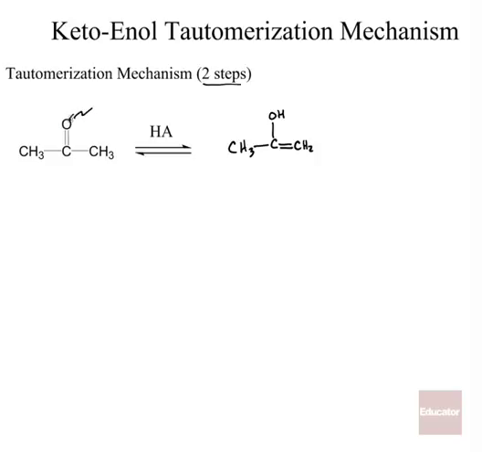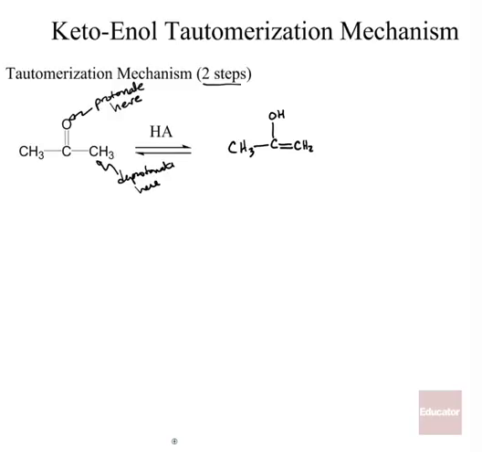So one of my steps is I need to protonate here at this oxygen. I need to add a proton at some point. And here we have a CH3, and now it's a CH2, so I need to deprotonate down here. And of course, the pi bond is moved as well. That's going to be part of our mechanism and could be seen as resonance too.